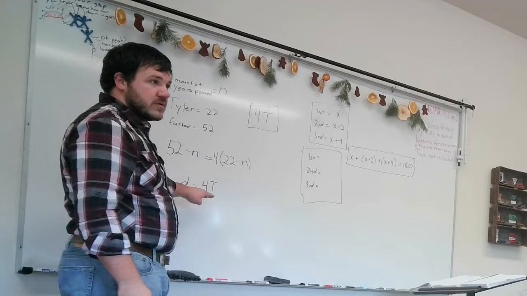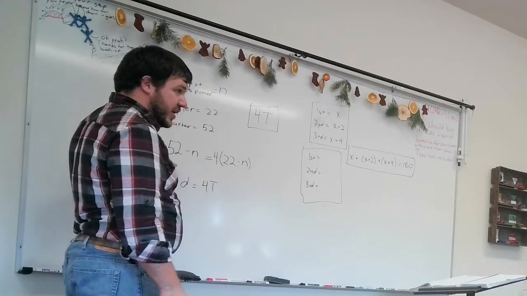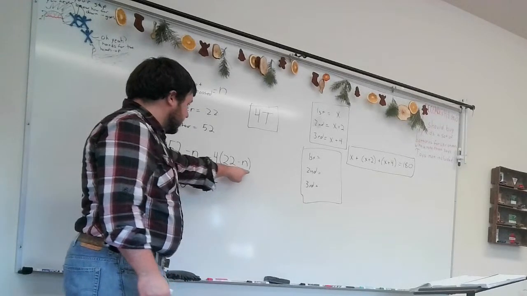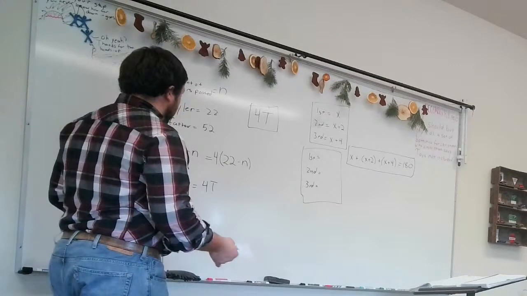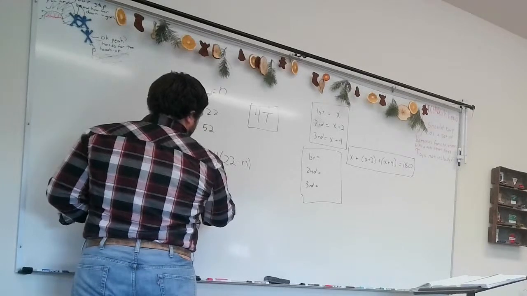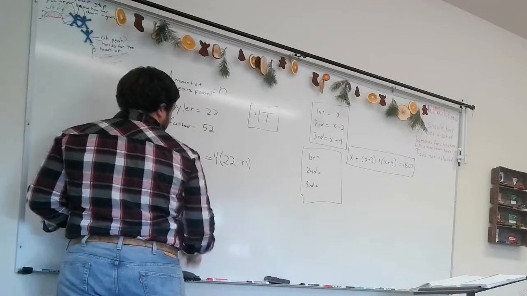We just wrote 52 minus n because this is Dad an unknown amount of years ago equaled Tyler's age, which is 22 now, but it's an unknown amount of years ago. So we're representing Tyler right here. Like that. All right, so now we just solve it. Same as normal.